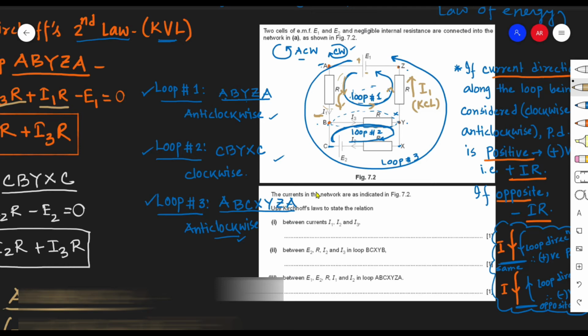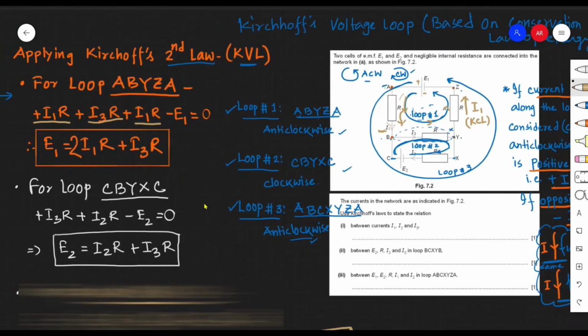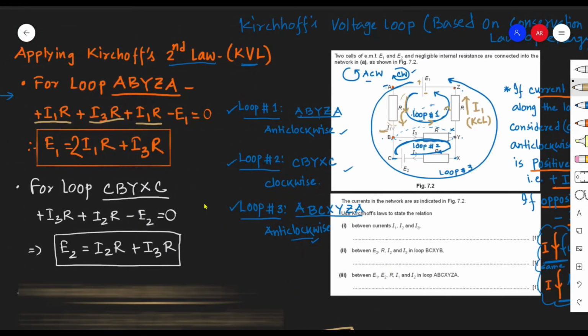So I1 here is flowing through this resistor R, which is along the junction YZ. This is the current I1. So current direction and loop direction again are the same, so positive PD is dropped.